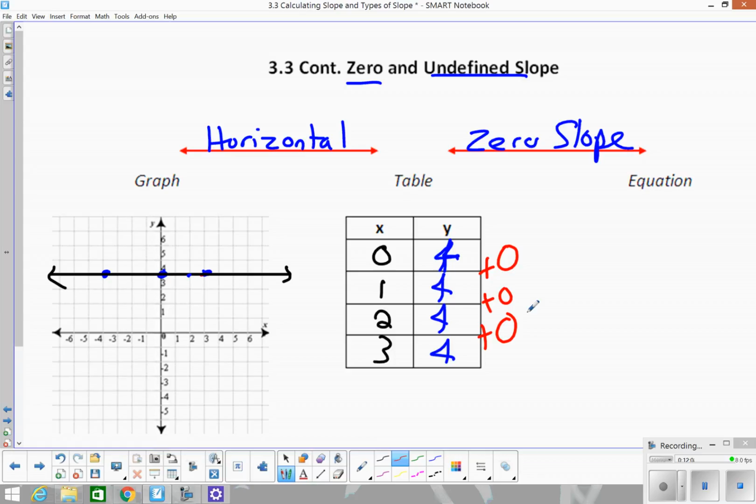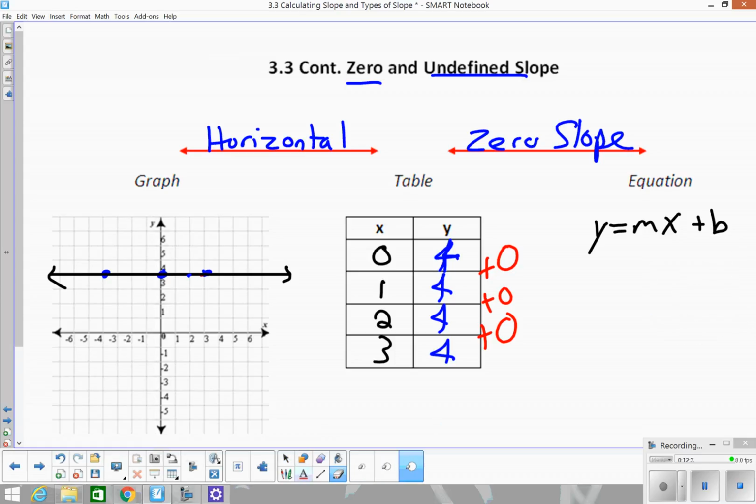Okay, good. Now, simply, my equation will look something like this. y equals mx plus b, right? In this case, what is my y-intercept? My y-intercept is 4, excuse me.